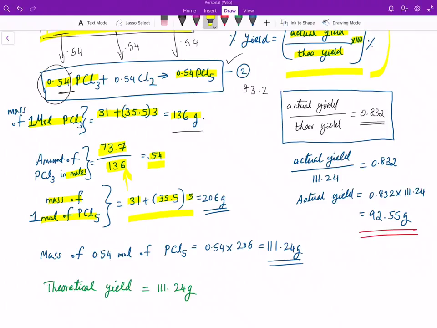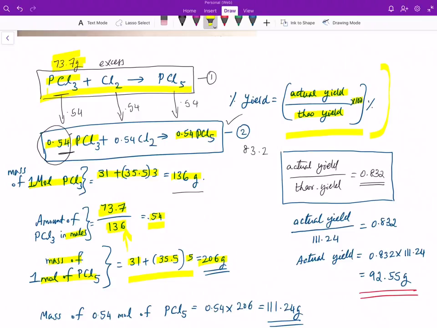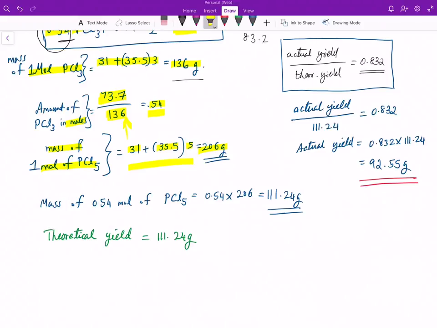When you perform this calculation, you'll get 206. 206 is the mass of 1 mole of PCl5. So how many moles is produced? 0.54 mole is produced. Okay, so the mass of 0.54 mole of PCl5 is 0.54 times 206, which is 111.24 grams.